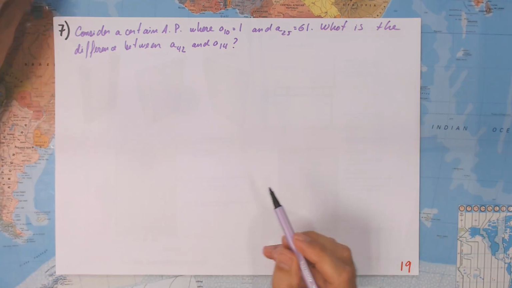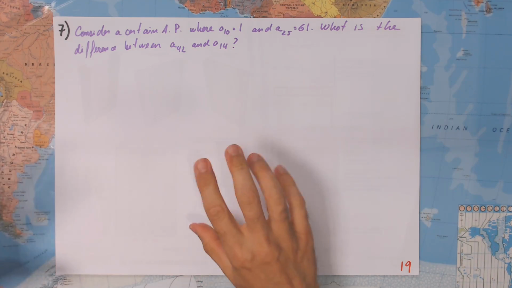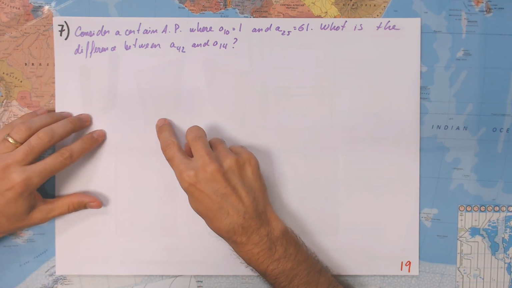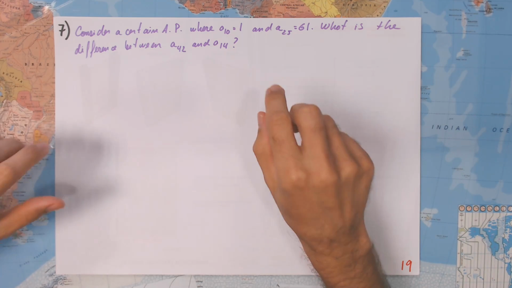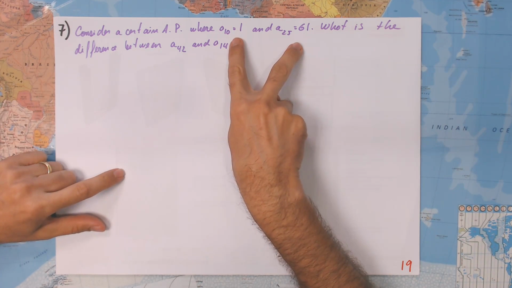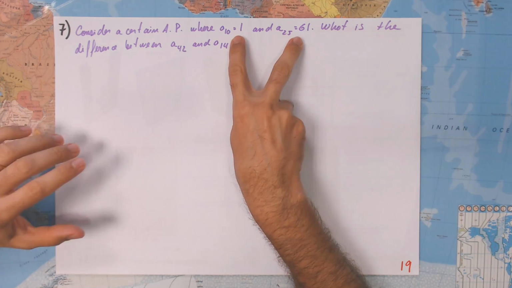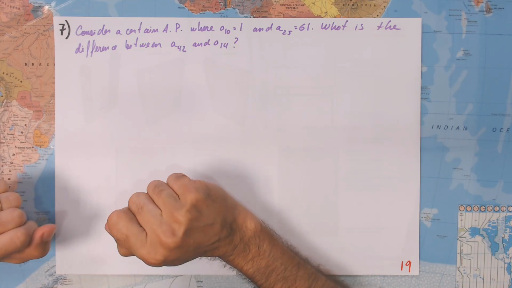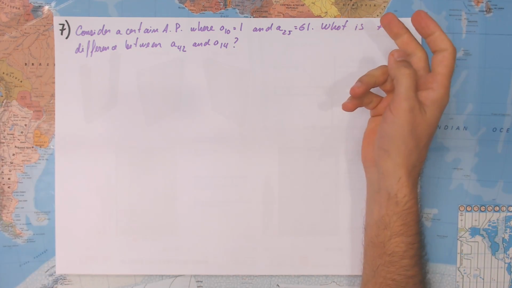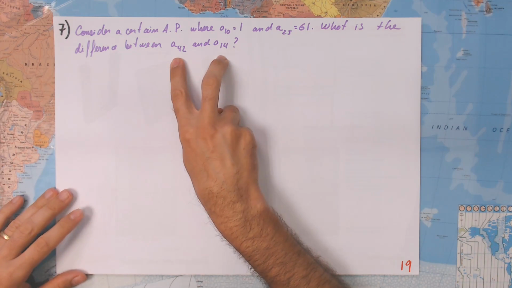Okay, another question. We have this arithmetic progression, this sequence, where two terms are given. From those two terms, you're going to get something, and knowing that, you'll be able to calculate this difference.